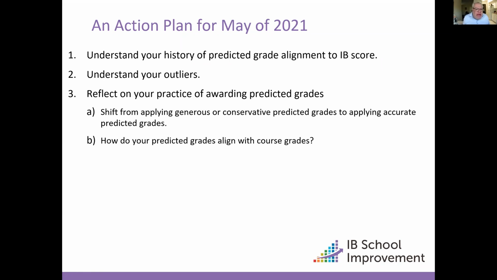How does your predicted grade align with your course grade? Are your predictives in alignment with what students actually receive as a course grade?